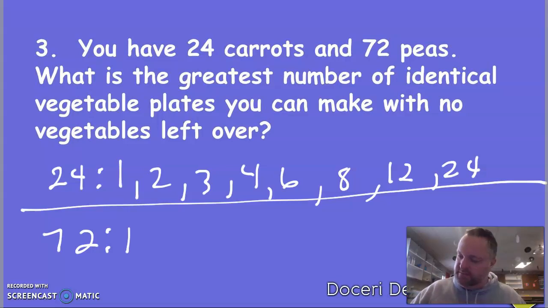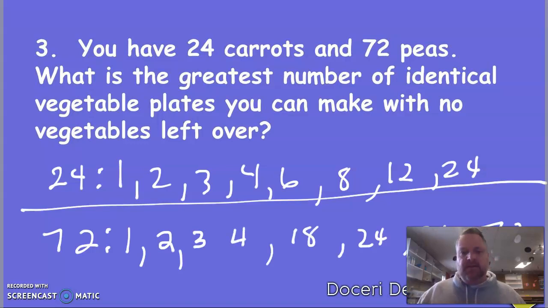It's 1 times 72, 2 times 36, 3 times 24, and 4 times 18. Okay, and those are my factors. I'm going to write these above because I know you can't see them. Okay, these are my factors for 24 and 72.